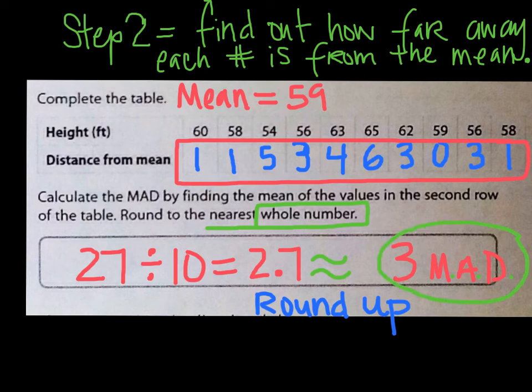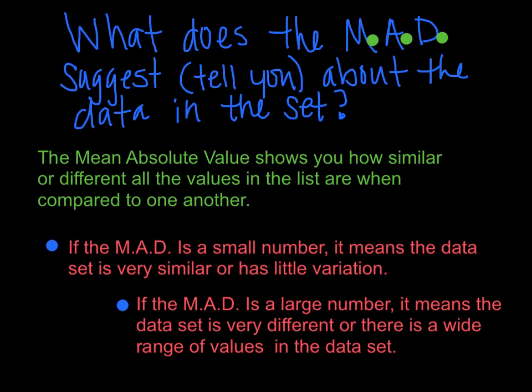And you're done. Sometimes a question also asks you what the MAD suggests about the data set, or basically what it is telling you. If you're ever asked this question, the mean absolute deviation shows you how similar the data points are to the overall average, or how different they are from the overall average. So here are 2 examples.